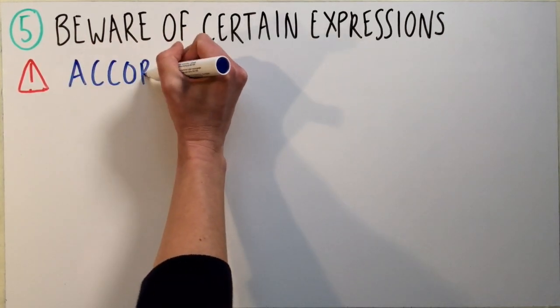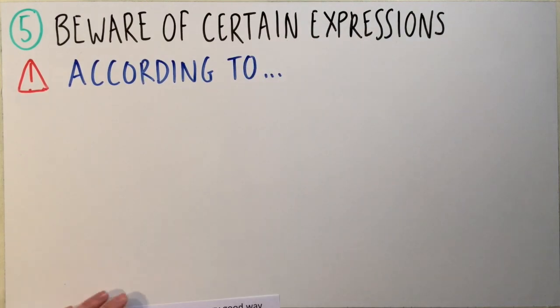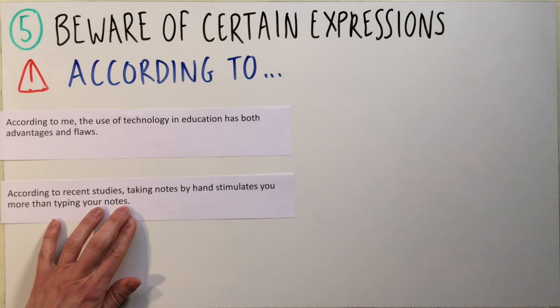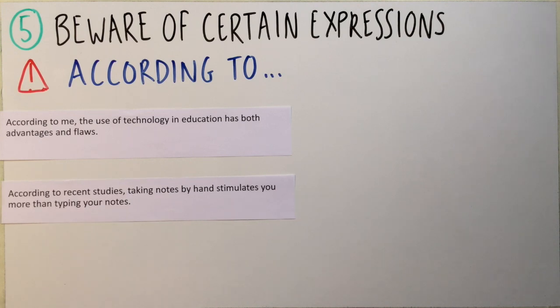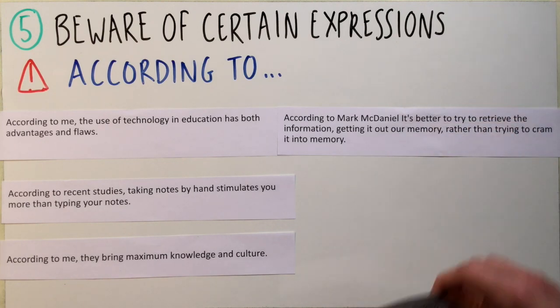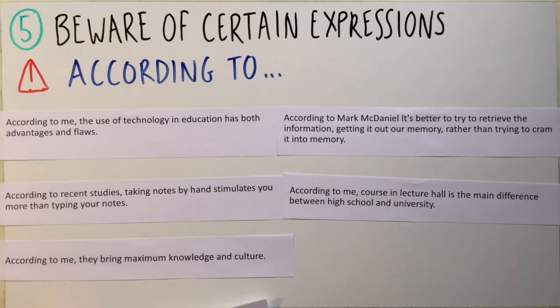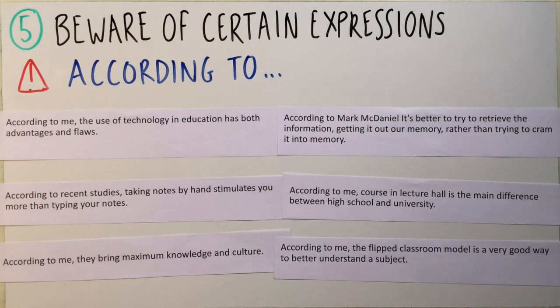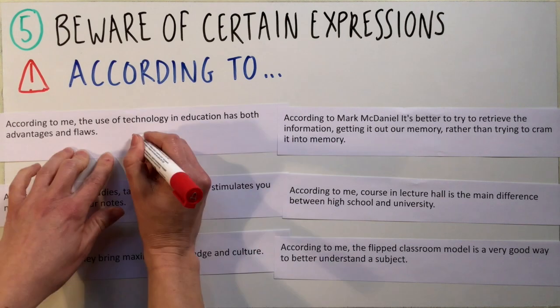Another expression you may have learnt at school is according to. Here are 6 examples of what students wrote. However, in these 6 examples, only 2 of them are right. Can you see which ones? You never say according to me.